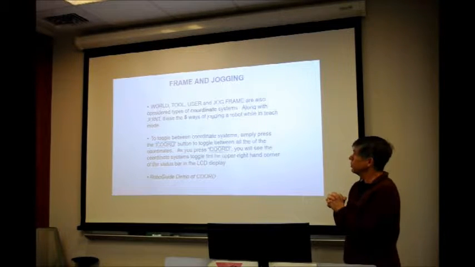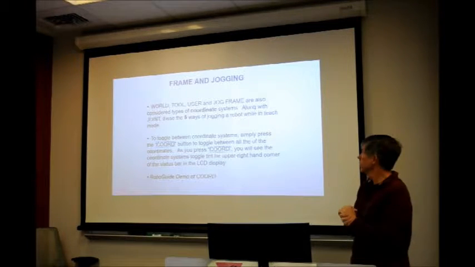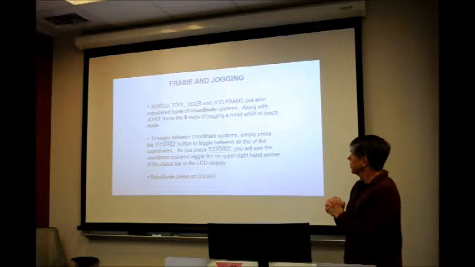Okay, and to toggle between the coordinate systems, you just hit that coordinate button, okay? And I'm going to show you in the robot. So as you press coordinate, you will see the coordinate systems toggle in the upper right-hand corner.